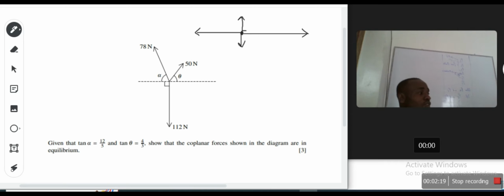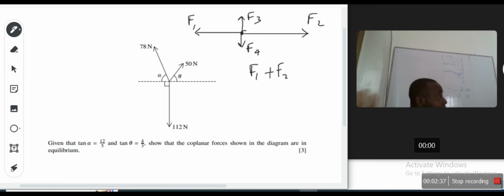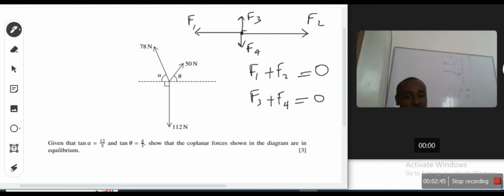If I wanted to use the vector sum equal to 0 for any particular direction, assuming this one is F1, this one is F2, this one is F3, this one is F4, then for it to be in equilibrium, F1 plus F2 vectorially must be equal to 0. Also, F3 plus F4 vectorially must be equal to 0.